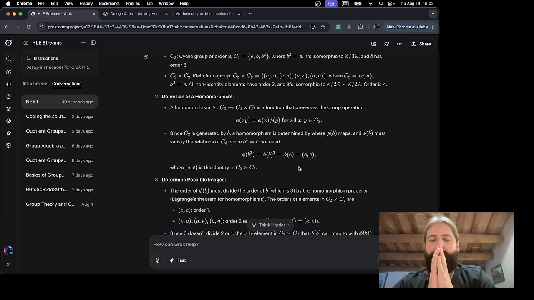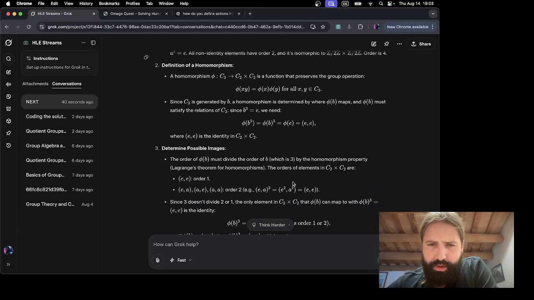Okay, so you're basically saying that's the only rule, right? You need to make sure that applying phi to B cubed is the same as applying it three times, which would be these, and I don't know how you would equate that to EE. Well, yes, because the identity of one group must be the identity of the other. I guess that's the point.